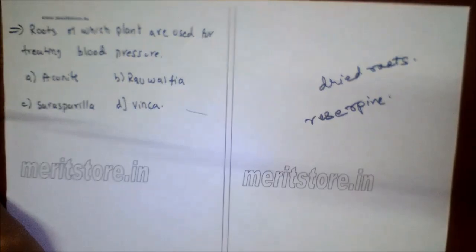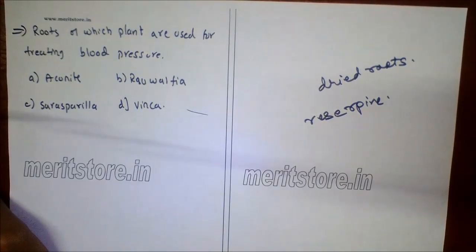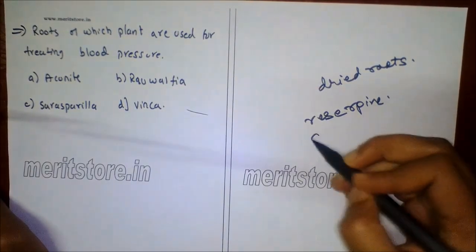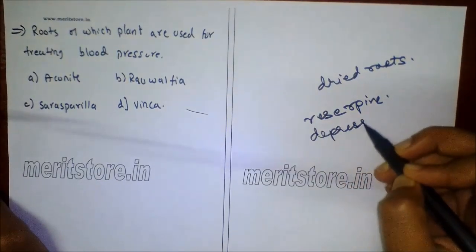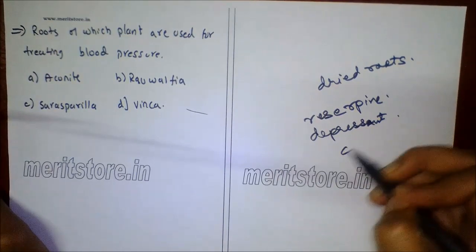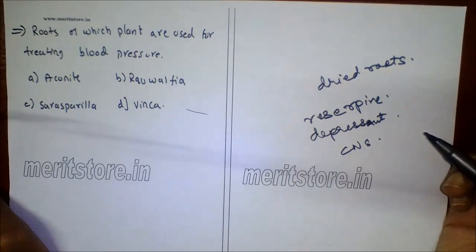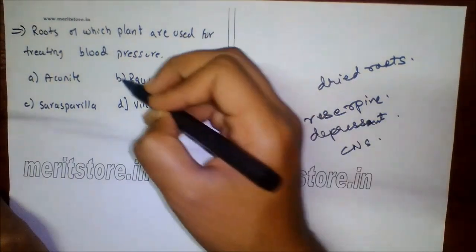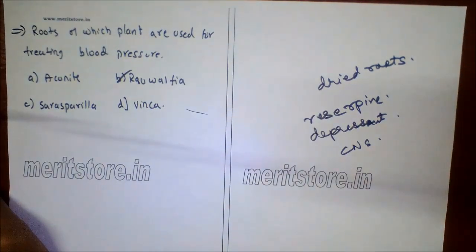The alkaloid reserpine is used in several patent drugs as it has a depressant action on the central nervous system and produces sedation and lowering of blood pressure. So option B is the correct answer.